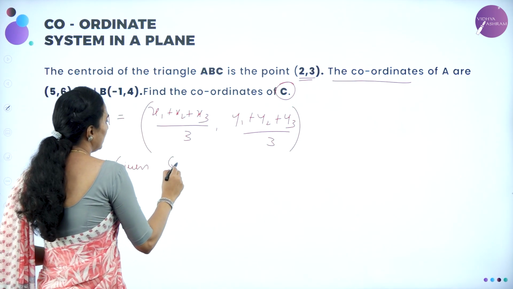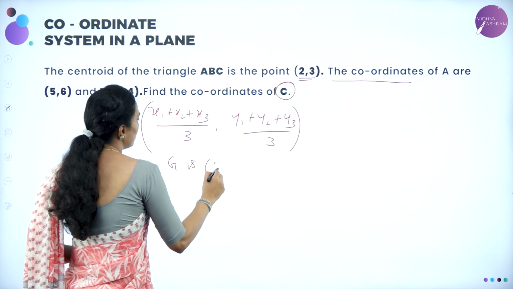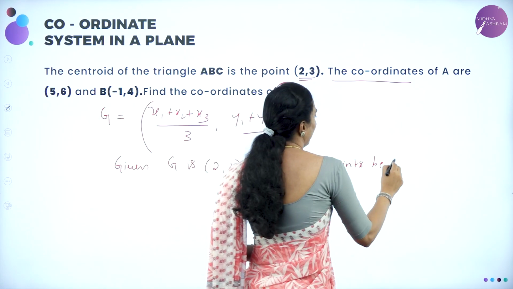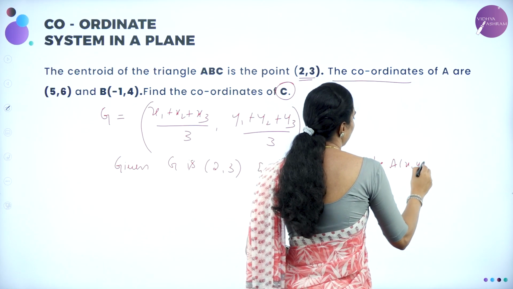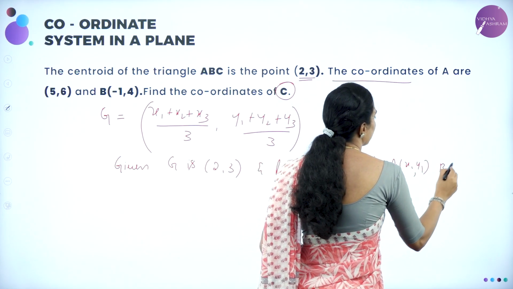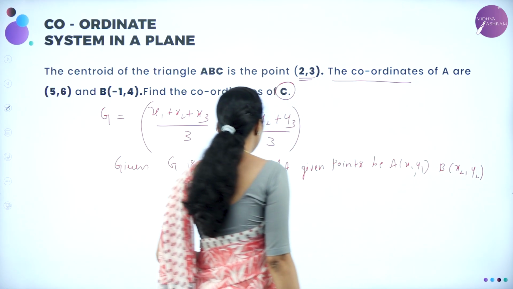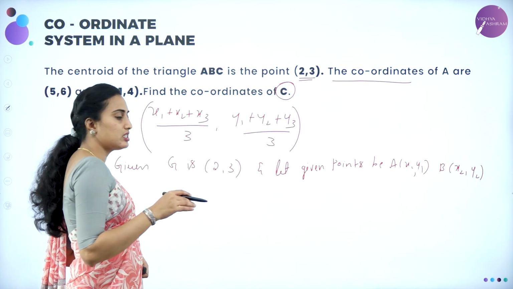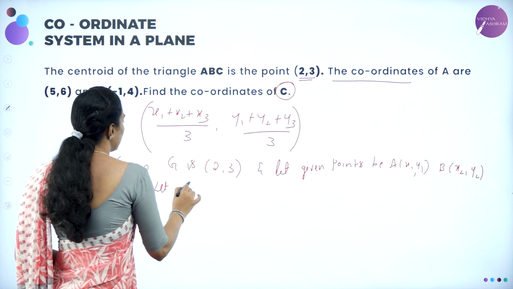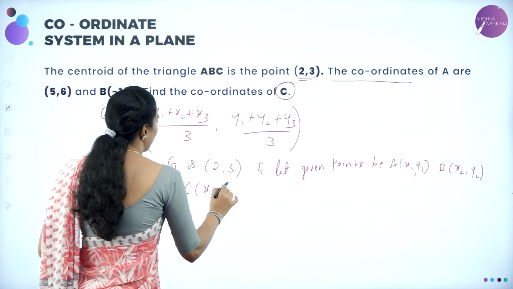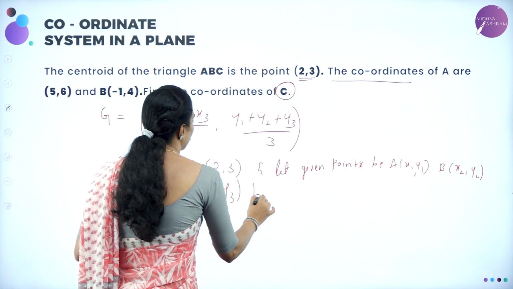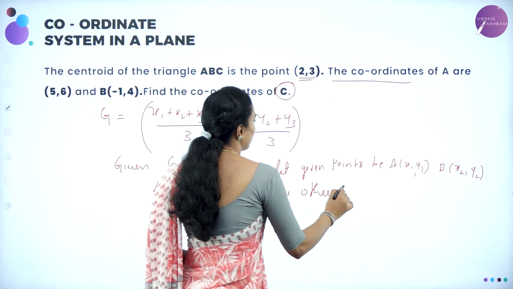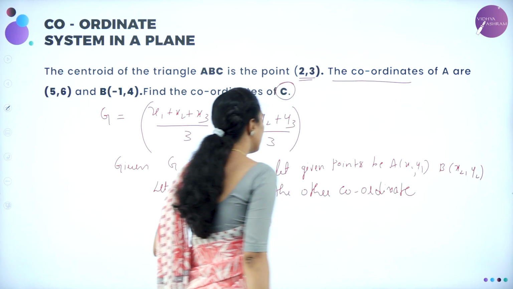Given G is 2, 3 and let given points be A of x1, y1 and B of x2, y2. So what is x1, y1? Therefore, what we need to find out, the other coordinate, means C. Let C of x3, y3 be the other coordinate. Okay?